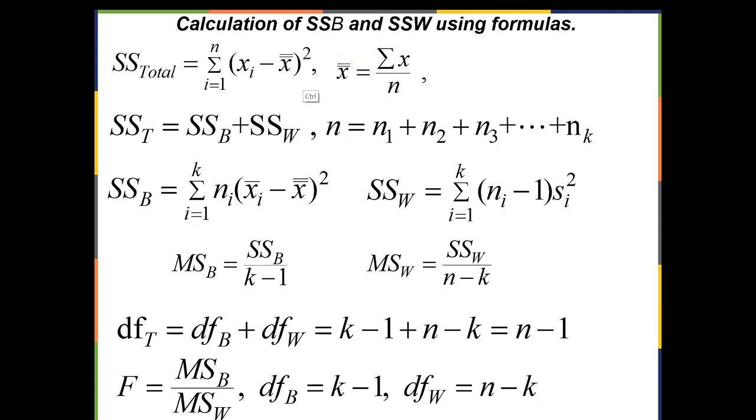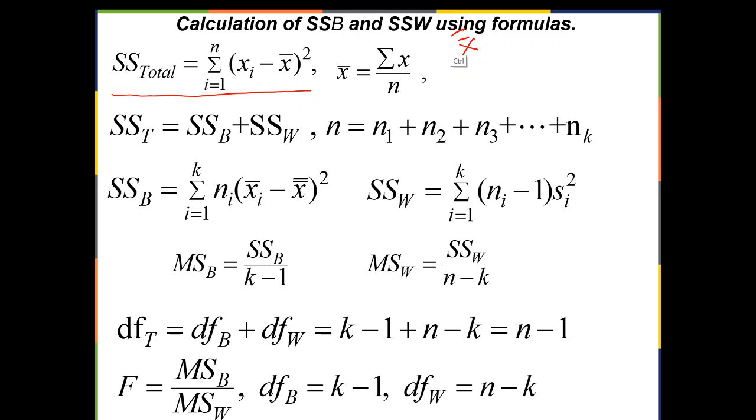First, I want to give you the formulas, and then I'll talk about why the formulas are the way that they are. There is a total variation, which is basically taking all the items in the group and subtracting what? The grand mean. X double bar means the mean of the means in this problem.